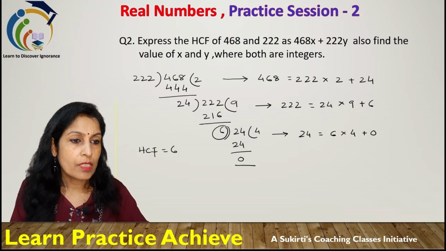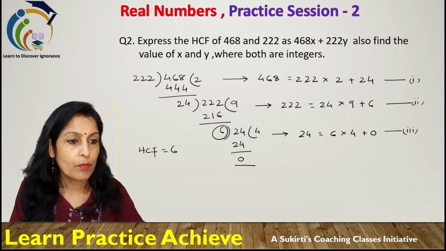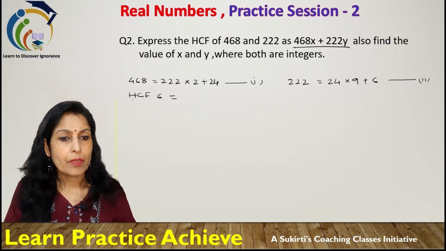Okay, so this is the first part, this is the second part, and this is the third part. By using these parts, we can prove the rest of the question given. Now we know that the HCF is 6.